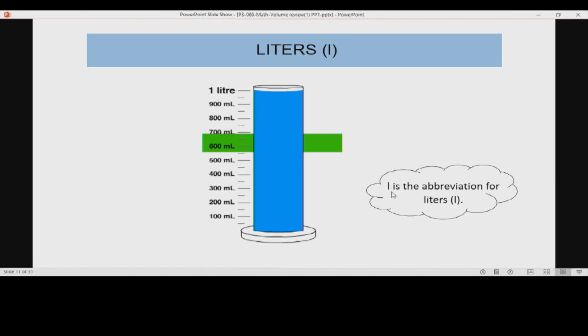L is the abbreviation for litres. You can see at the top, 1 litre, and that's the capacity. What is the volume now? 1 litre. Yes, the volume is full to the top, so it's full to capacity. 1 litre.